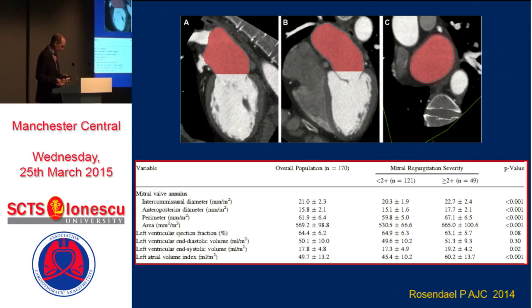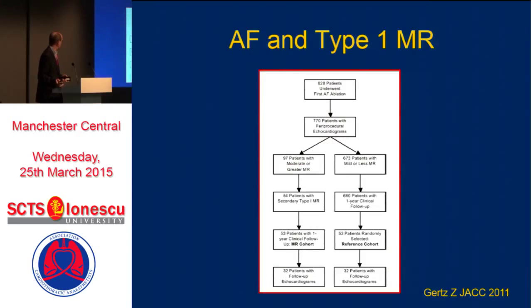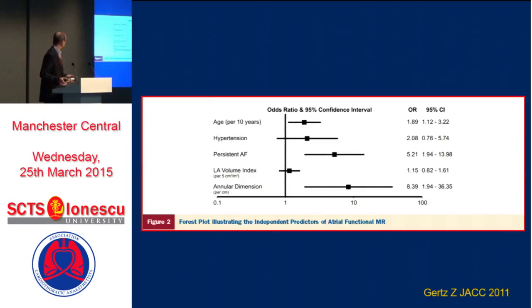And AF does appear to be quite important in terms of the mechanism of type 1 mitral regurgitation. And I hope to convince you of that from this data from another paper published a couple of years ago, again, looking at patients coming through for AF ablation, normal ventricles, dividing them up into mild or no MR, and moderate or greater degrees of MR, and then comparing them in terms of the parameters of their valves.